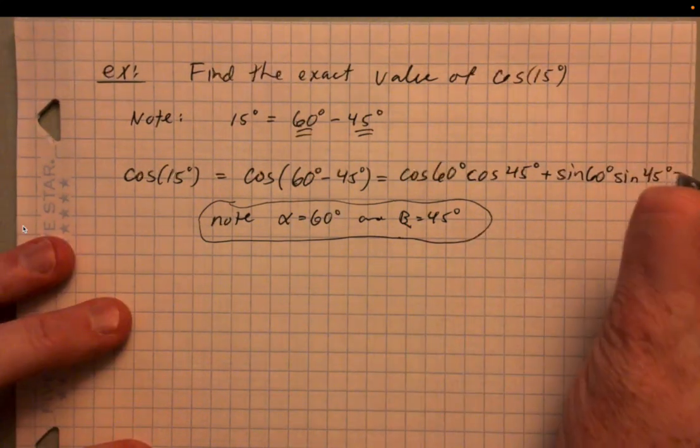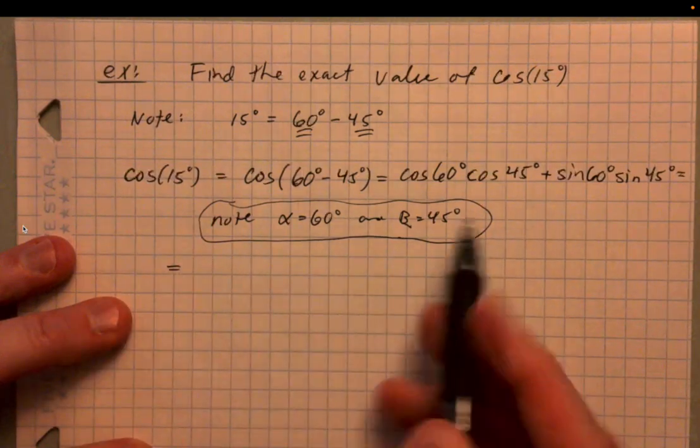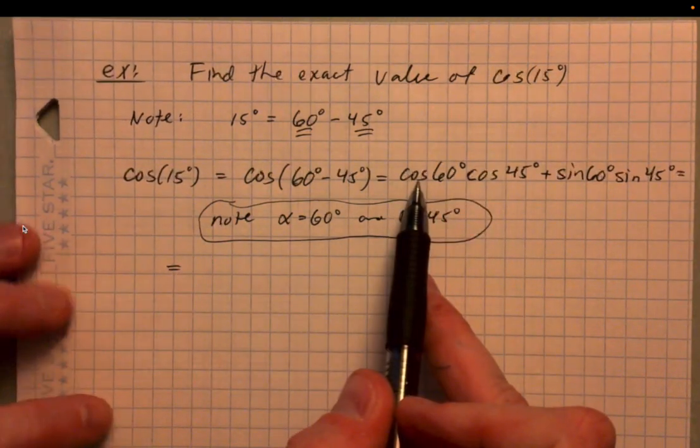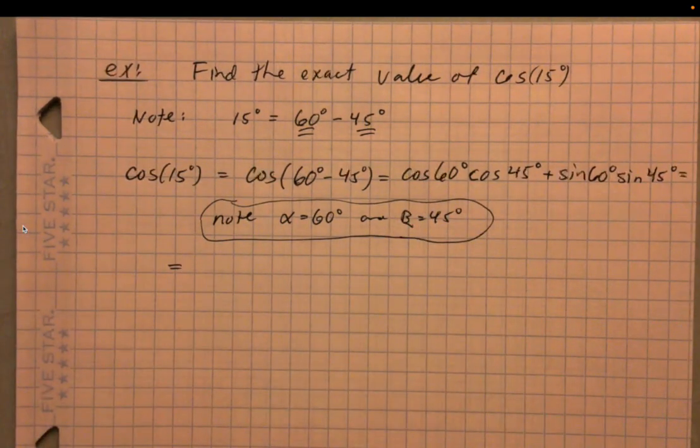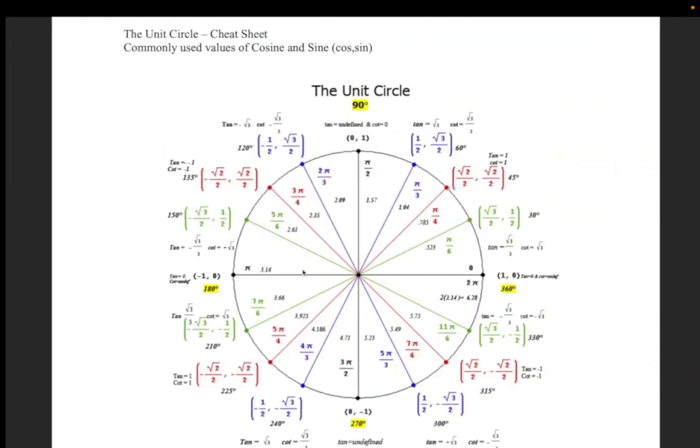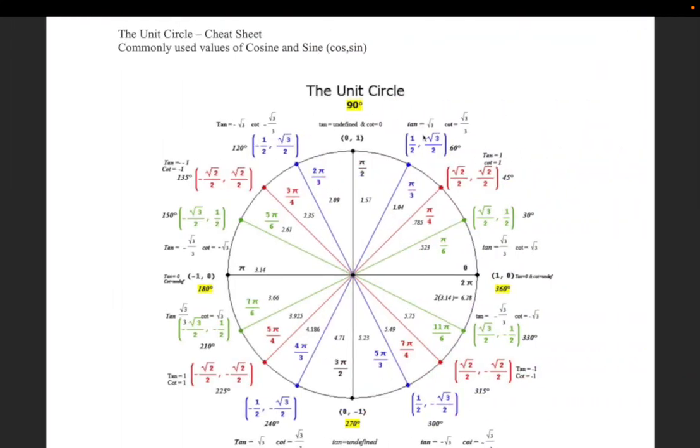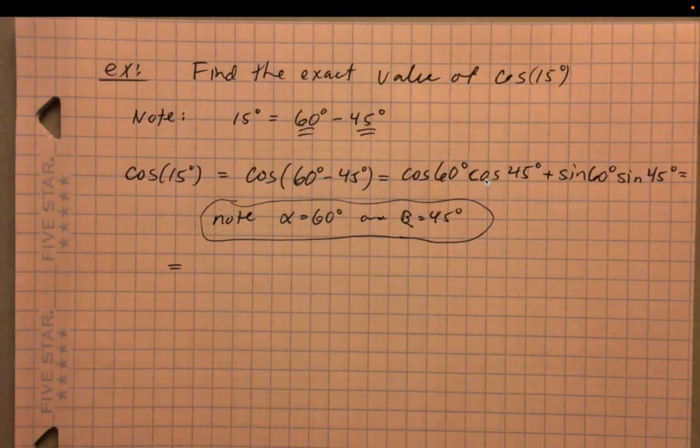And so then, we know what these values are. Like we could go look at the unit circle at 60 and 45 degrees, right? And we can see that here's 60 degrees, so cosine is a half, sine is square root of 3 over 2. And here's 45 degrees, they're both square root of 2 over 2. So we can just plug all those values in.